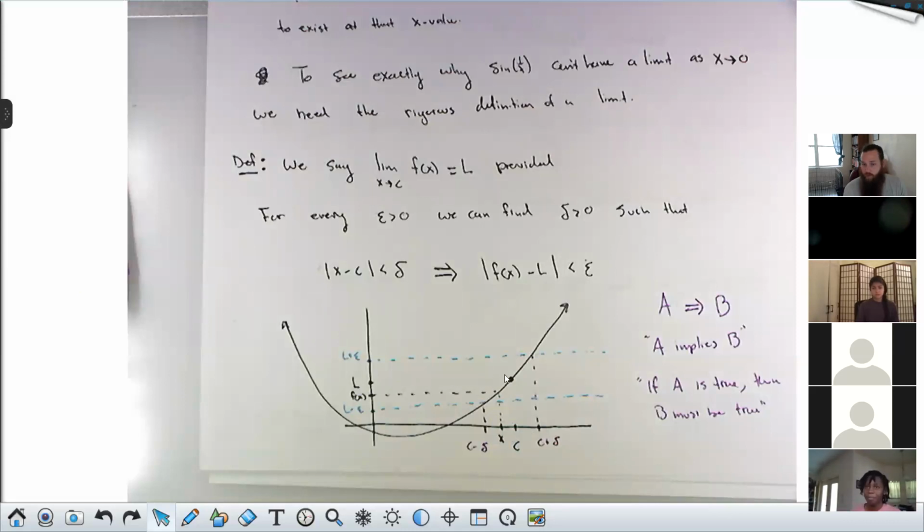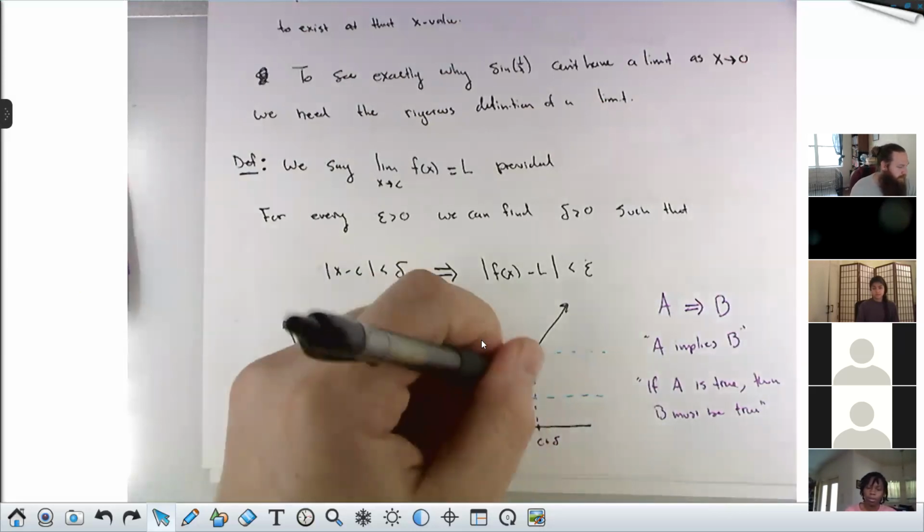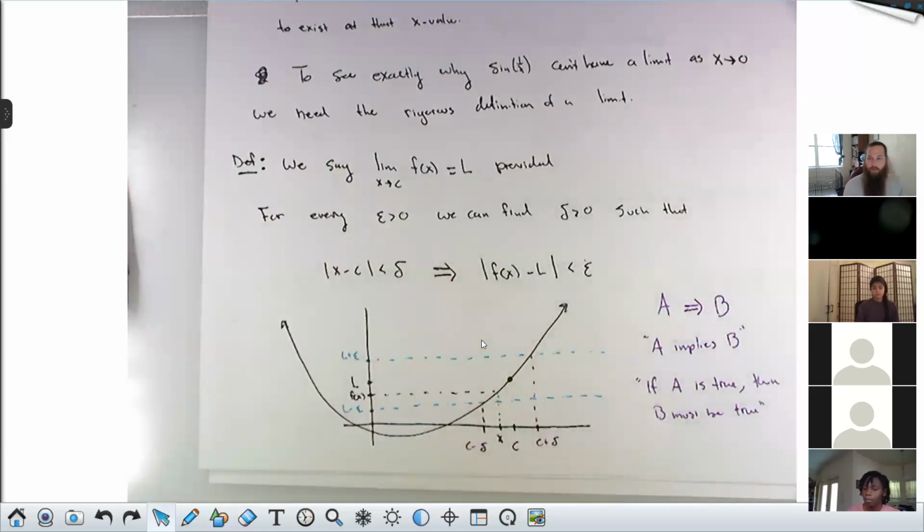It is true here that f of c would be equal to L, but that wouldn't necessarily need to be the case. Remember, this could be an open hole and I could have the point up here and the definition would still be satisfied.